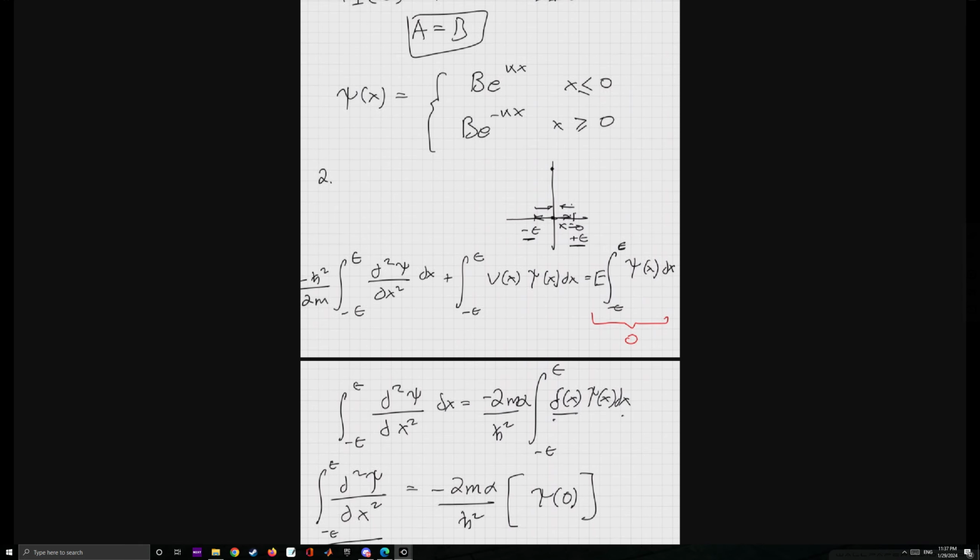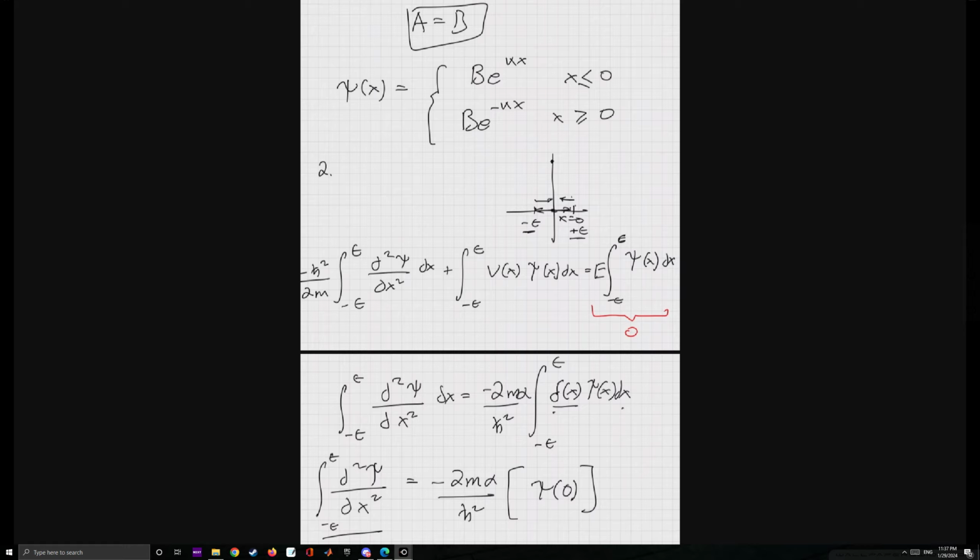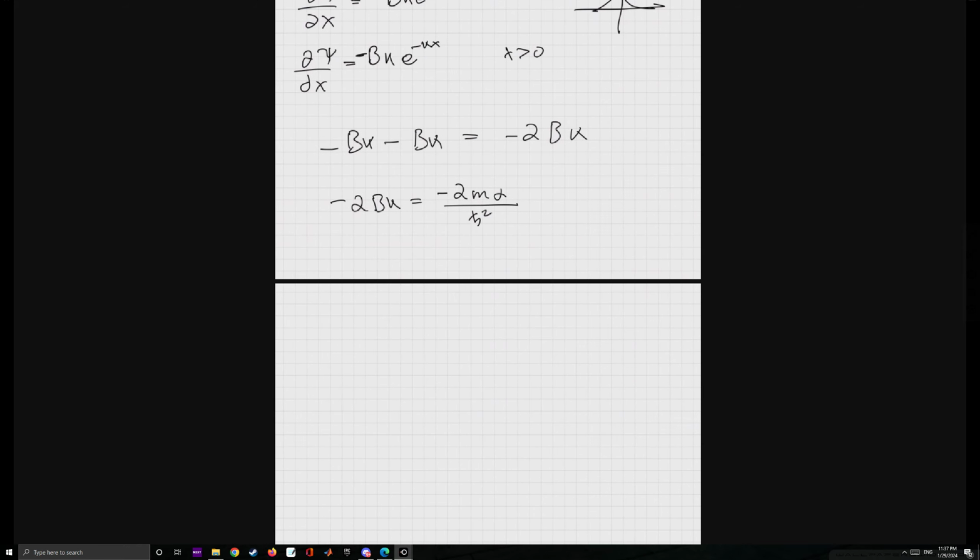So let's look at our wave function evaluated at x equals 0. We simply get b, no matter which one we do. So this is just times b. So let's cancel some stuff out. The negative sign cancels out, b cancels out. So we're just left with k equals m alpha over h bar squared. This is k.